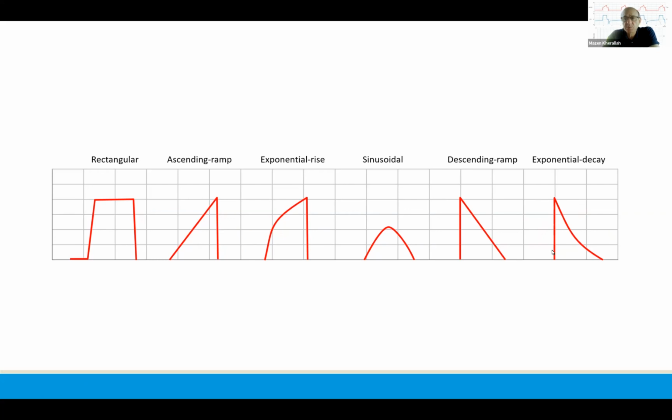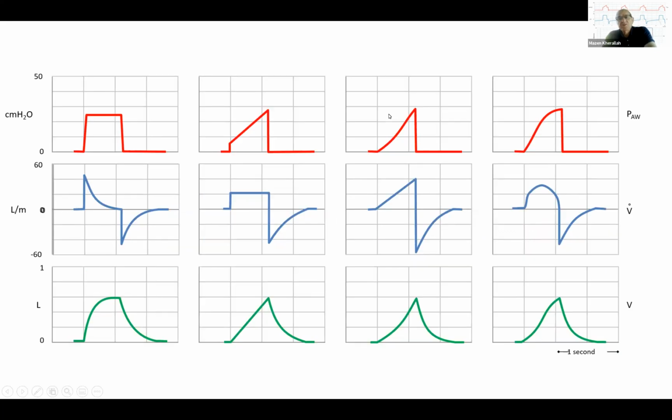You can see the exponential decay here, where it goes down faster initially and then slows down at the end of the wave. So you're going to see different waves, but what we're going to explain today is how we can use these graphics for clinical applications and making determinations on the treatment for your patients.